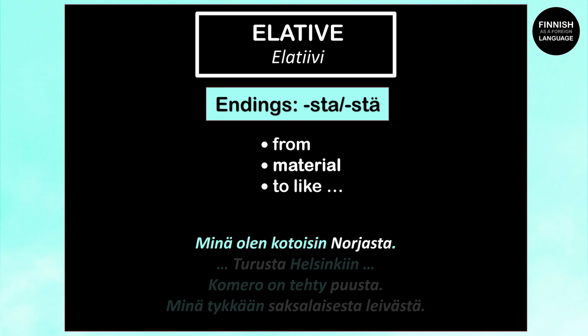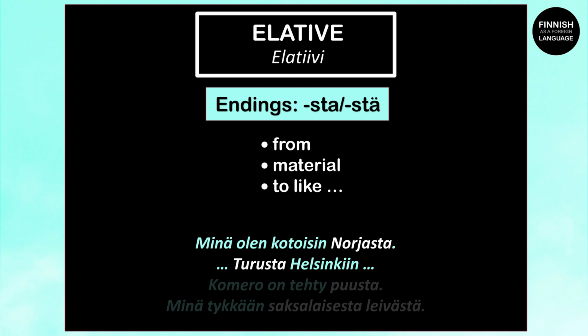The next example is something you can probably see on bus stations. Turusta Helsinkiin means from Turku, which is a city in Finland, to Helsinki. So Turusta here is the elative case of the city Turku, and Helsinkiin is the illative case of the city Helsinki.